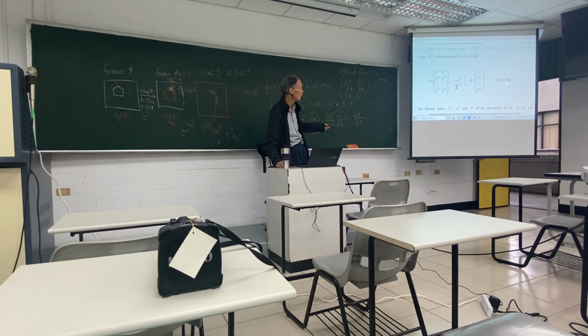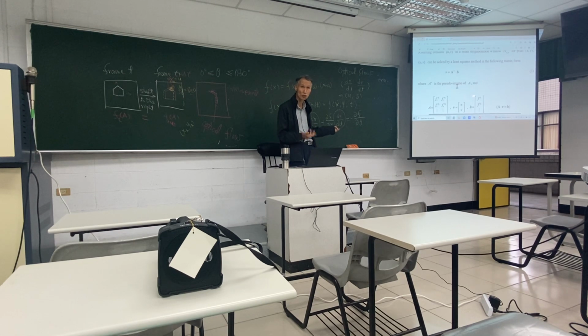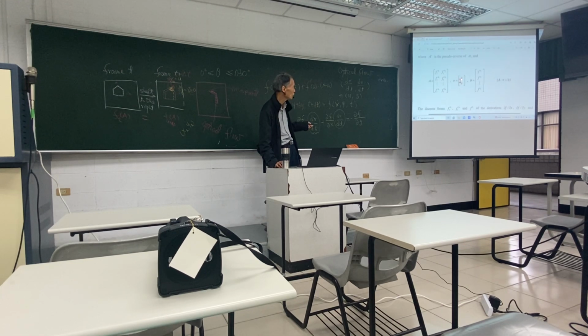Once you have this, then you solve for the pseudo inverse. The inverse cannot be used because an inverse must be a square matrix, right? We solve for the pseudo inverse, and then we can find V. Once you have the pseudo inverse, times B, you can solve for V, which is the U component and V component.